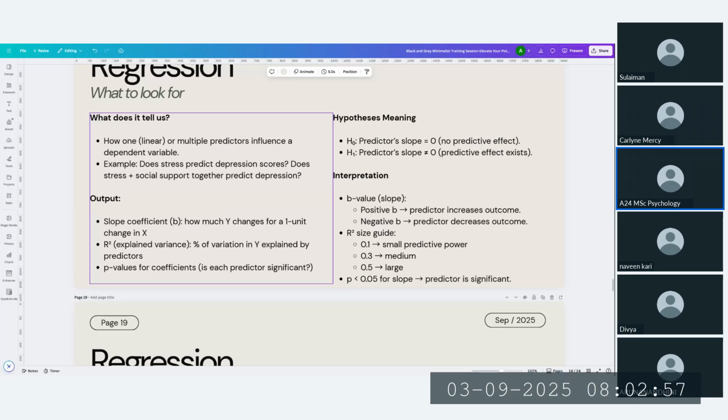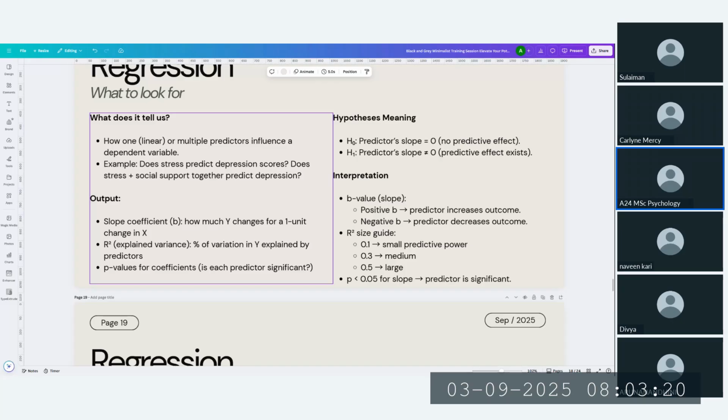And of course, p-values for each coefficient. P-value is bread and butter for research methodology, right? So here we are deciding whether there is a predictive effect or there is no predictive effect, right? And there is an interpretation given.